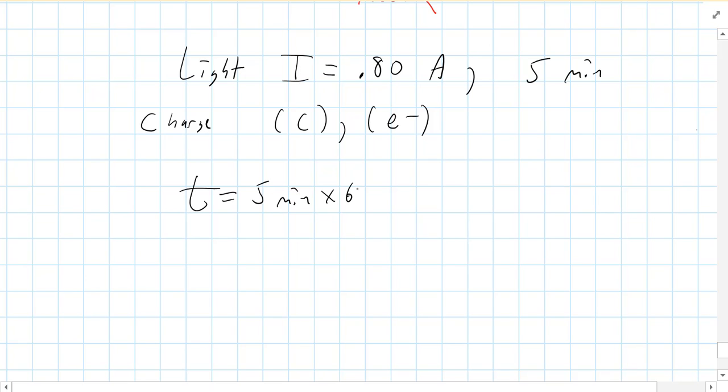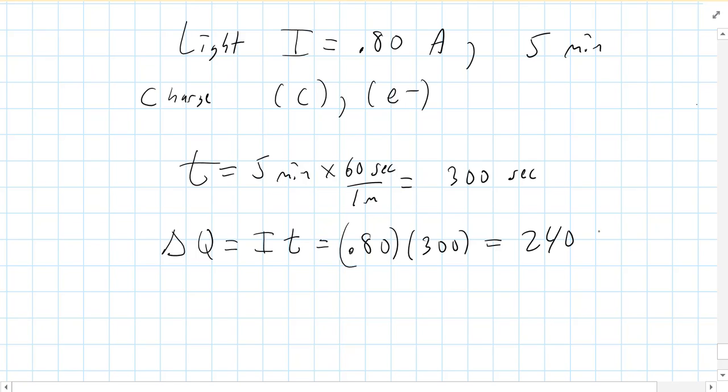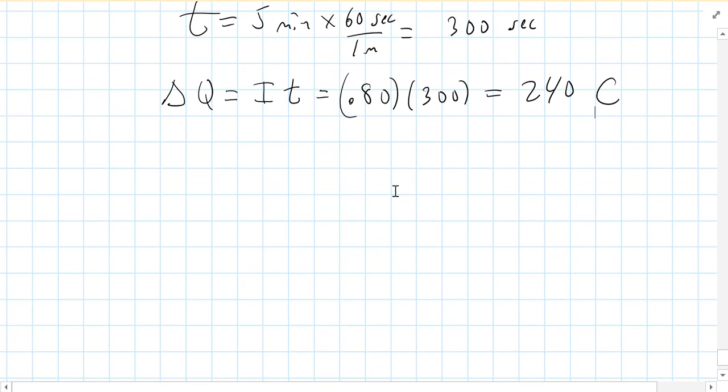You take 5 times 60 seconds in 1 minute, and that would be 300 seconds. So that's our time. The charge that flows through that light bulb in 5 minutes is going to be I times T, which is 0.8 times 300, and you get 240. We have seconds and amps, so our charge will be in coulombs. That's how many coulombs flow through the light bulb.